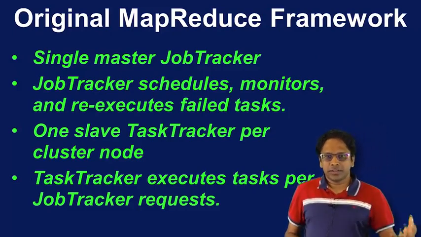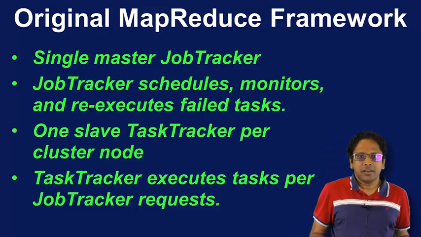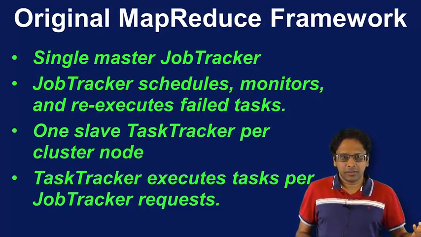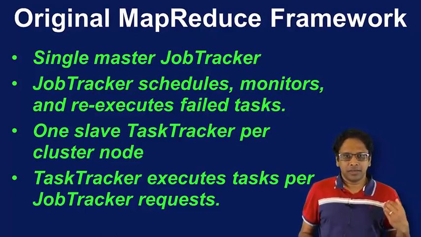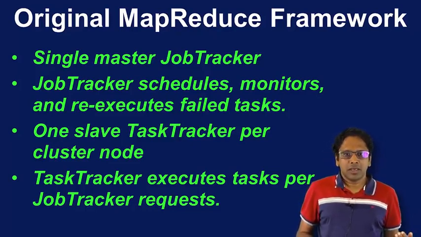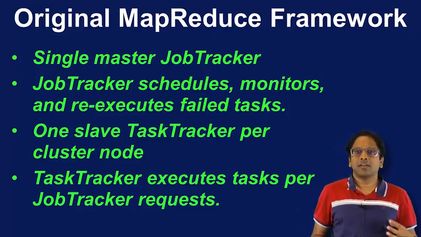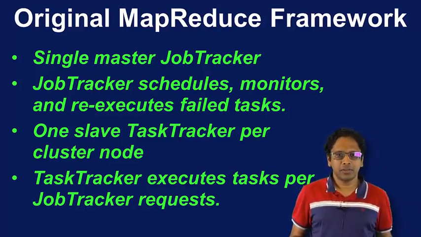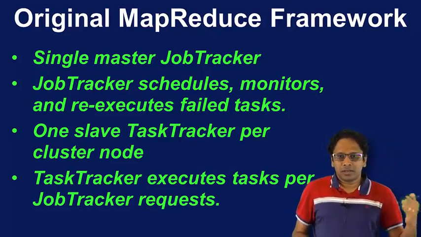Now, how was this achieved on the actual framework originally? There was a single master job tracker, and this could be on a master node. The job tracker does the scheduling of the tasks on the compute nodes, and it monitors how the tasks are progressing, and in case there is a failure, it will re-execute the task and follow up on it.